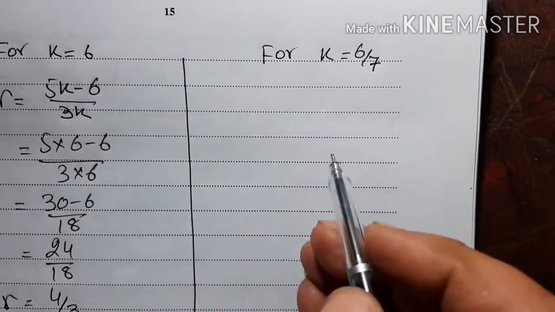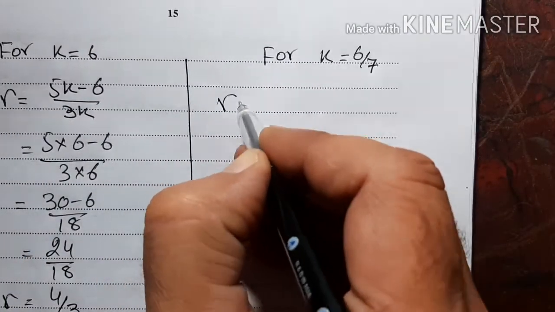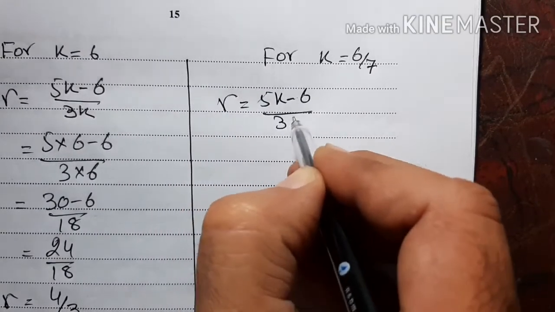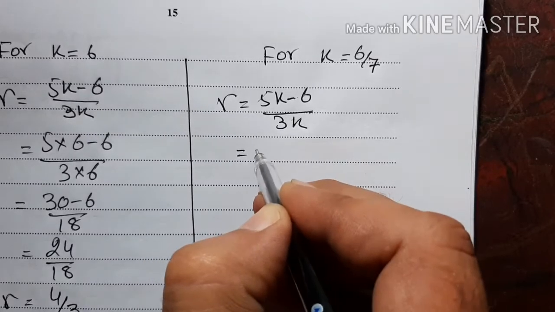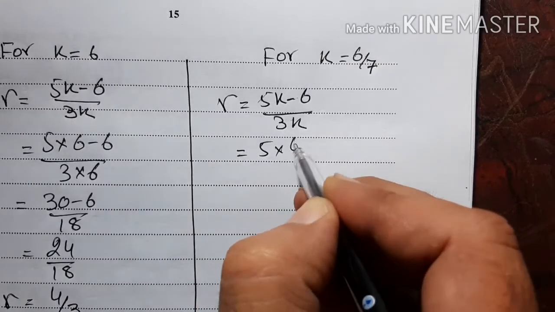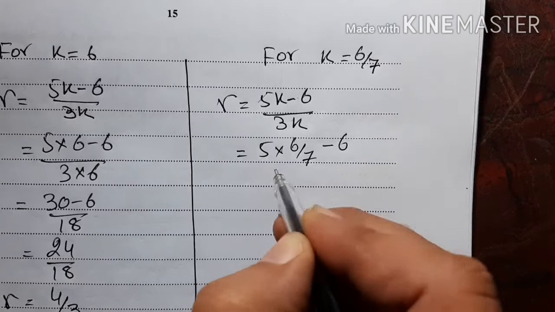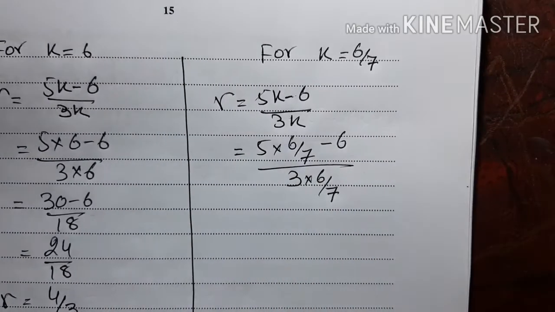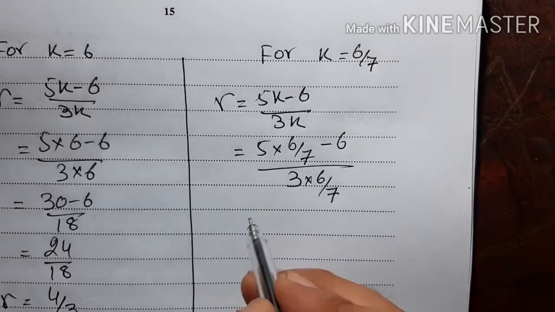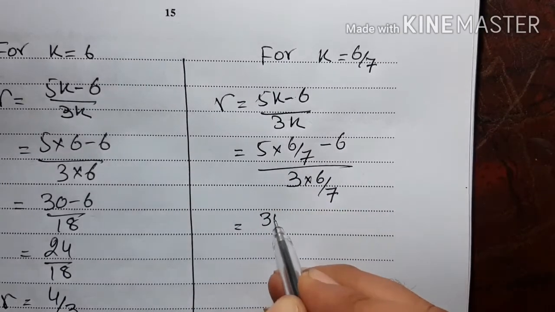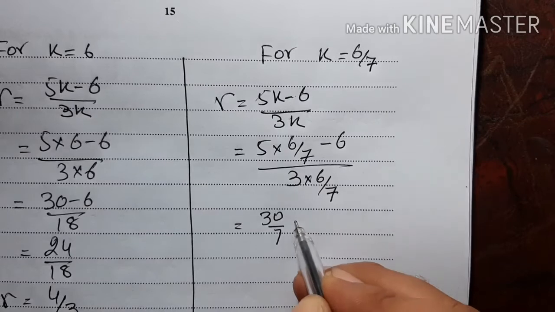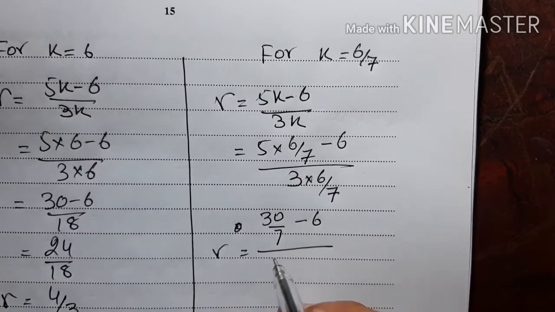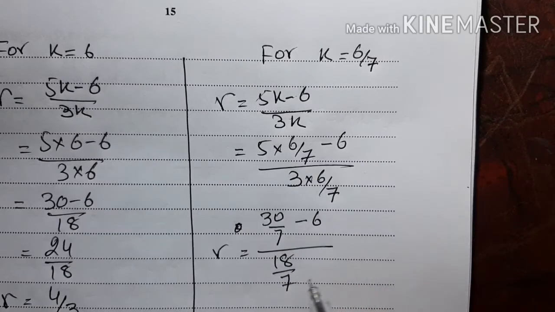The same method I'll apply. R is 5K minus 6 over 3K, or 5 into 6 by 7 minus 6 over 3 into 6 by 7. This can be written as 30 over 7 minus 6 over 18 by 7.